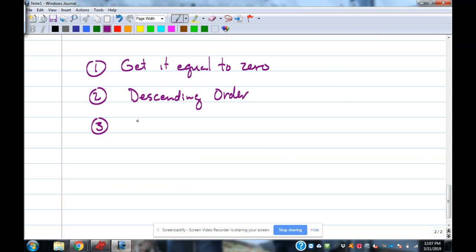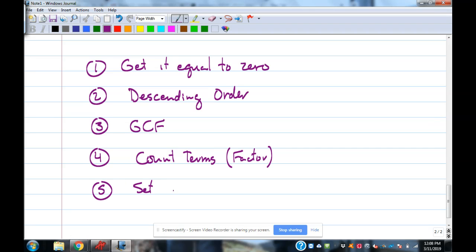Three, GCF. 4, count terms. Factor. And then the last thing you're going to do is set factors equal to 0.